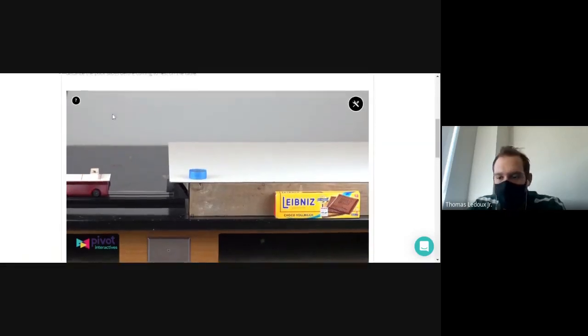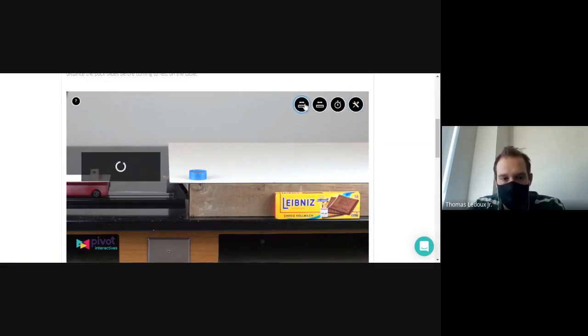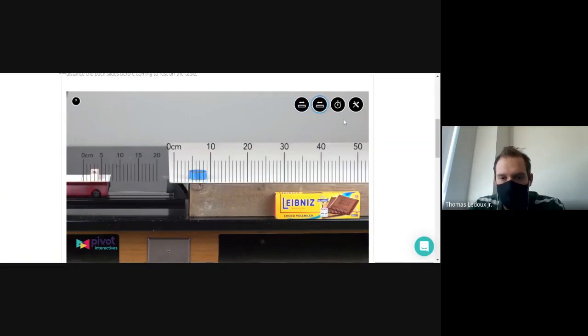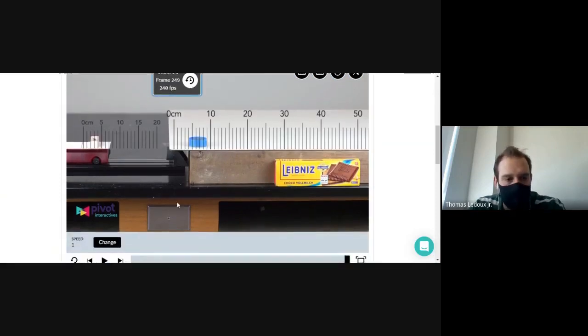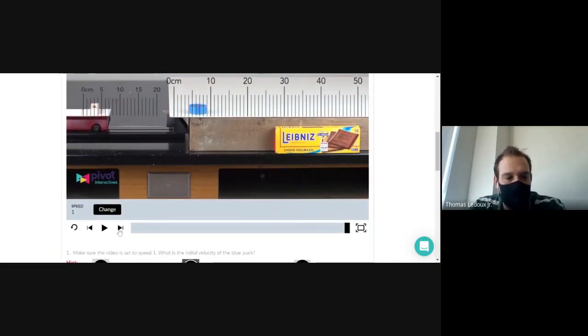Now, what we're going to do is we can use these videos, and this website has a measuring tool. So if we click up here, and it has some ruler features and a timer feature. And what I'm doing is I can make measurements from the video.